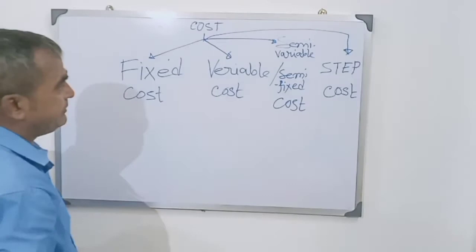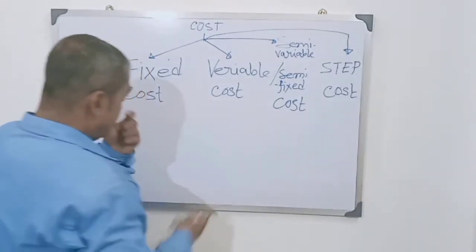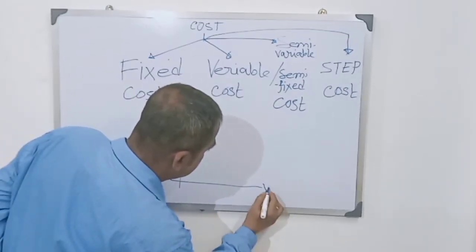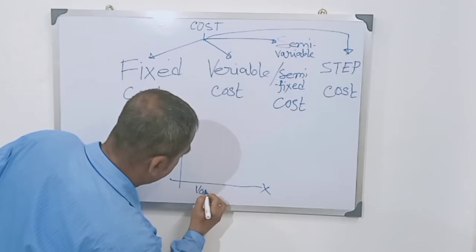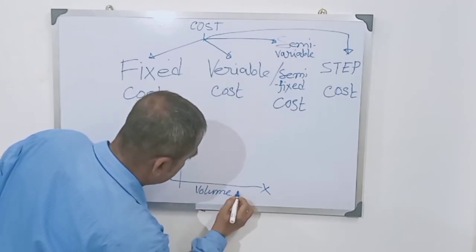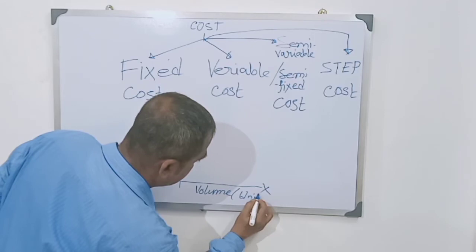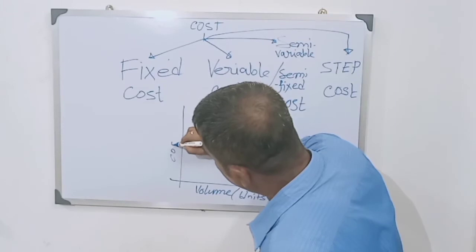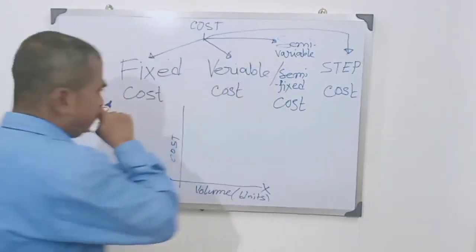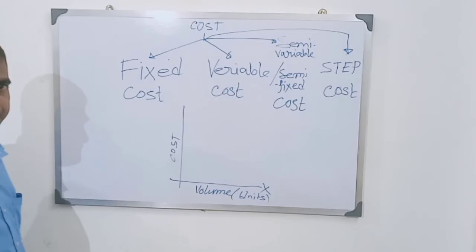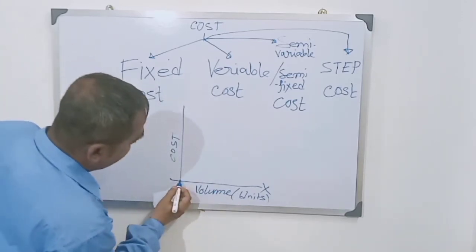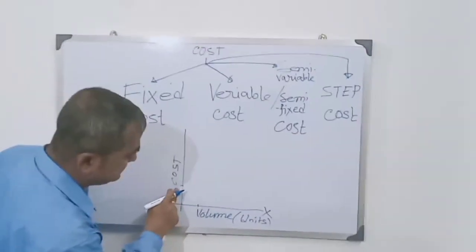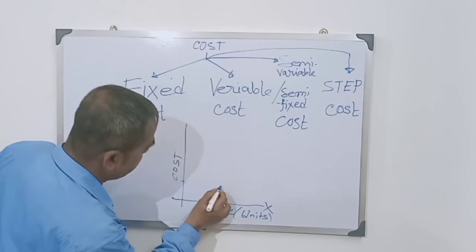Now coming to the next point, semi-fixed or semi-variable cost, and then step cost. This is the y-axis, this is the x-axis, this is volume in units, this is the cost you incur. Semi-fixed: up to 1,000 units the cost remains the same. 2,000 units, it remains the same.